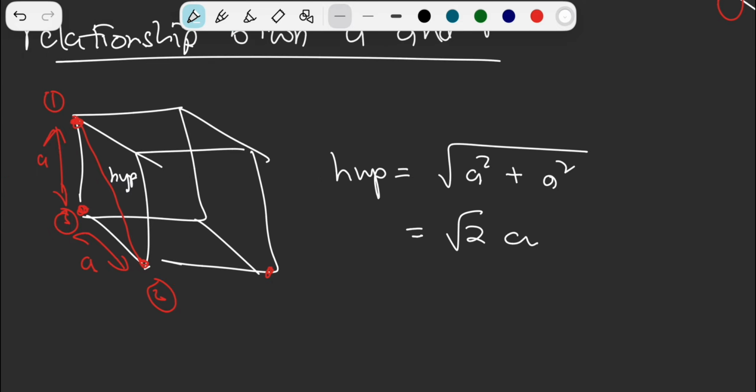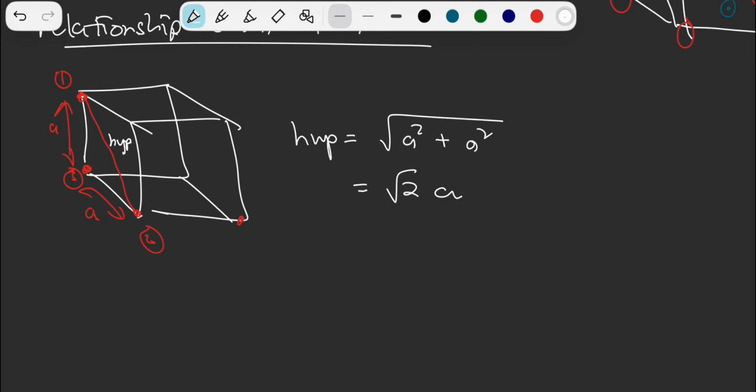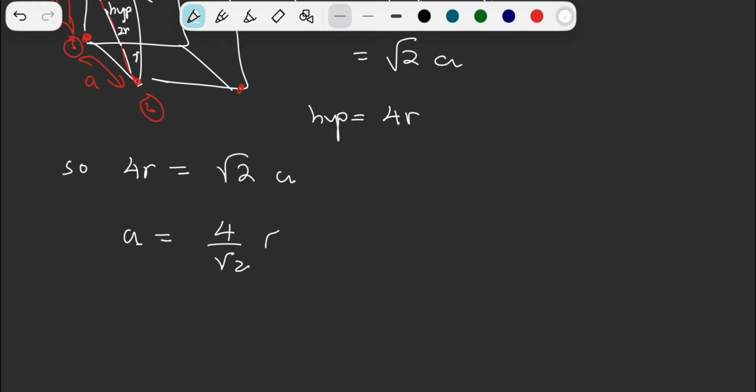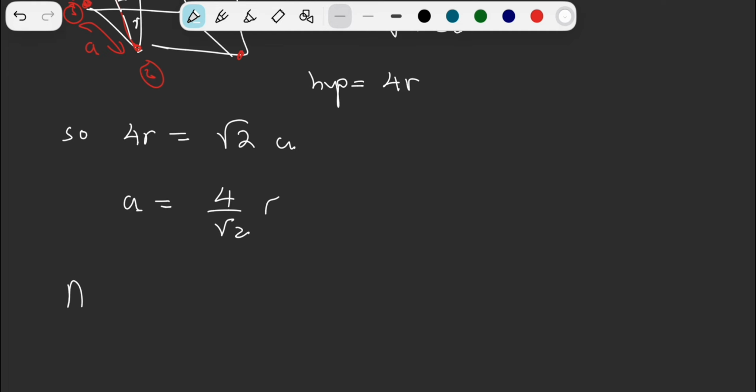So that's root 2A. We have R over here, 2R, and then R. The hypotenuse is also equal to 4R. So 4R is equal to root 2A. Therefore, 4 over root 2, R, is equal to A.